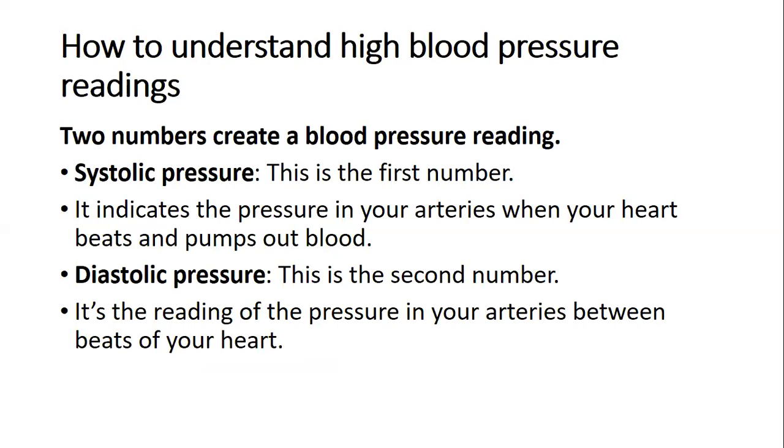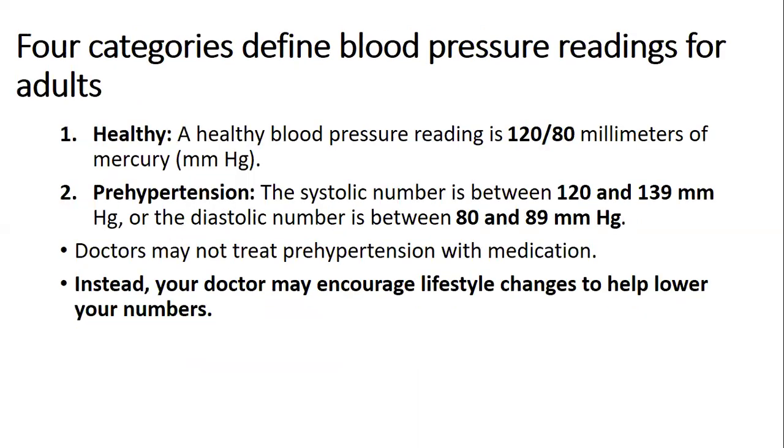Diastolic pressure, the number underneath, is the reading of the blood pressure in your arteries between the beats of the heart. There are four categories that define blood pressure readings for adults. A healthy blood pressure reading is somewhere around 120 millimeters of mercury over 80 millimeters of mercury. So that is within normal. And it's not that every person is supposed to have exactly this.